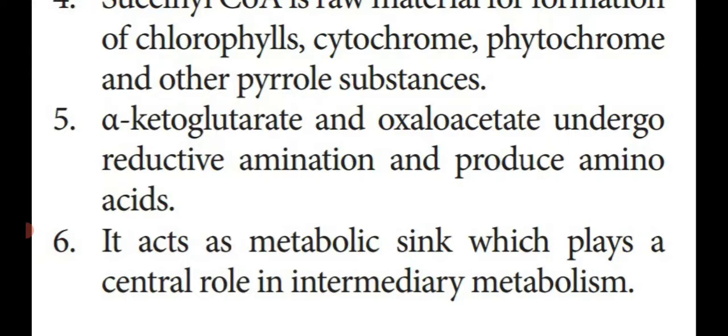Another one, a 4 carbon compound, oxaloacetic acid or oxaloacetate, undergoes reduction and amination processes to produce amino acids. This Krebs cycle acts as a metabolic sink, which plays a central role in intermediary metabolism.